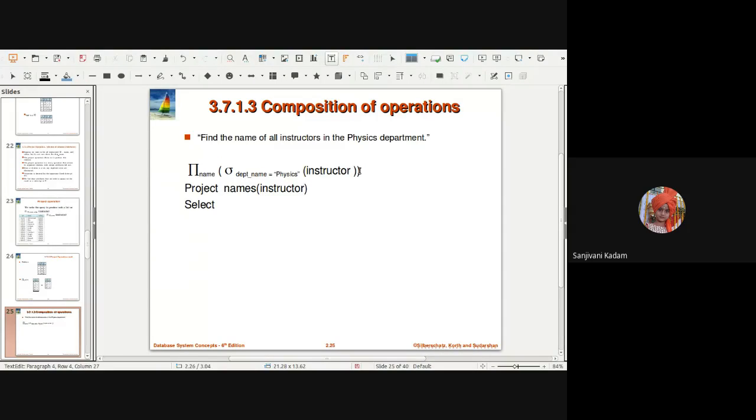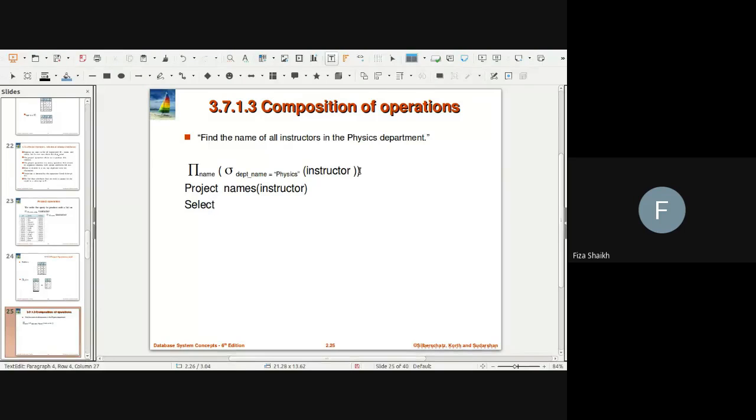Now on the project operation, if I'm having the name, can I apply the condition of department name? Question is clear?